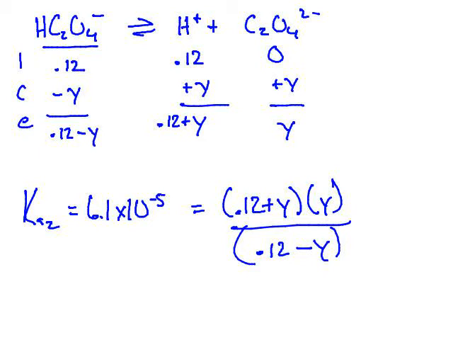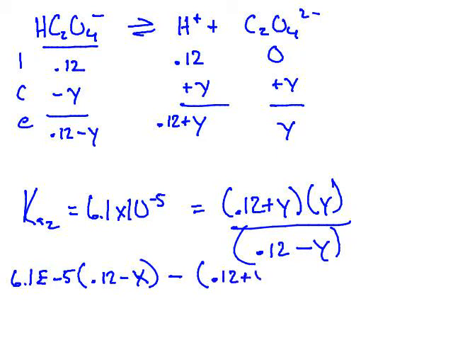Now in my calculator, I'm going to say 6.1 e negative 5 times 0.12 minus y, actually x, I'll type in x in this case because the x is going to work better on the calculator, minus this whole term, 0.12 plus x times x. That's how I'm going to set it up, because I have to set it equal to 0.